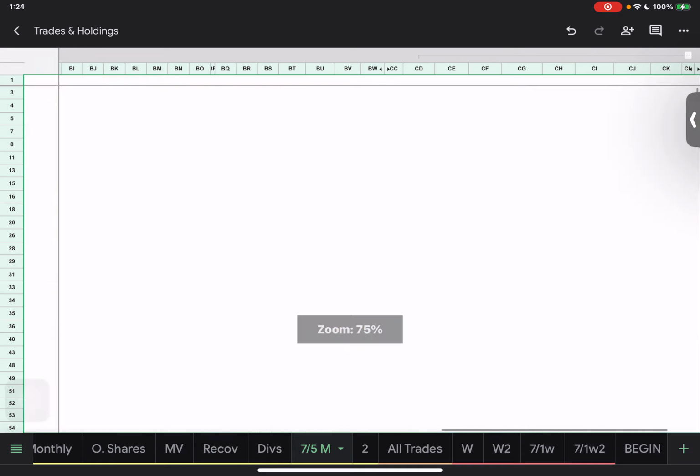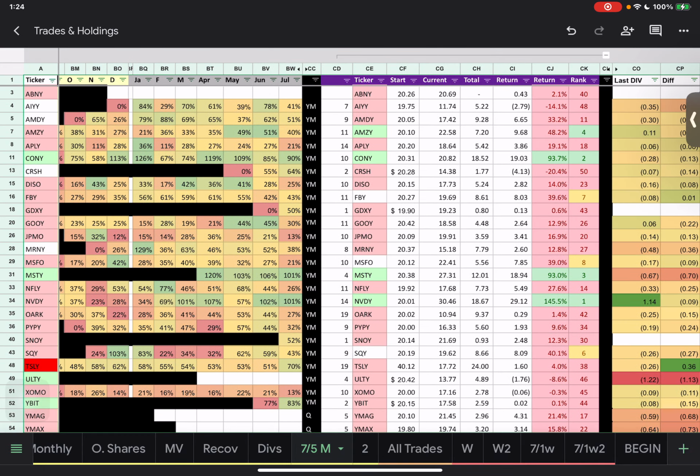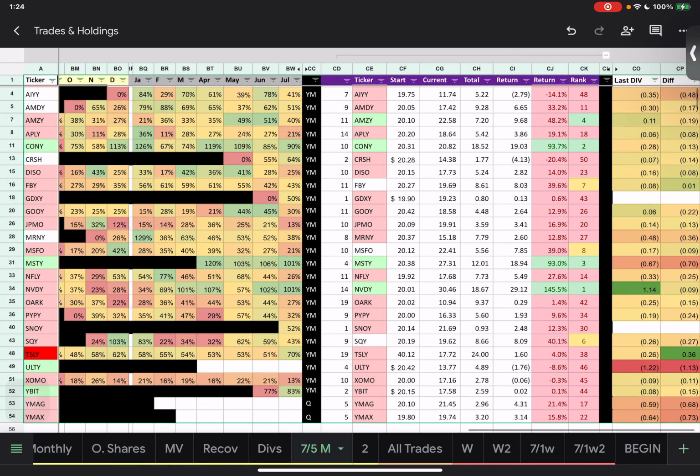Okay, so looking all the way over to the right, this is just a couple of other things that I have on here. Nothing too important. But that first one is just looking at the last dividend to the average.